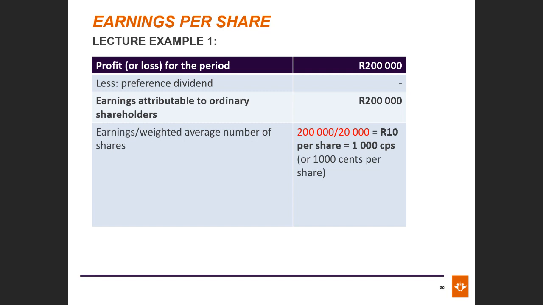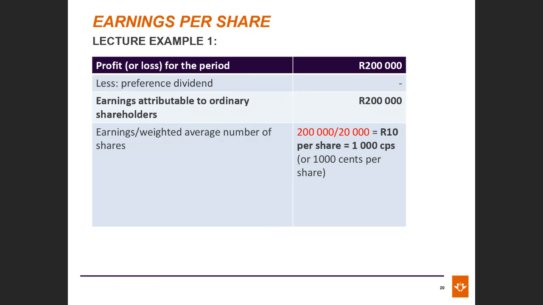This example was easy because there were no preference shares. So we have our profit or loss for the period being 200,000 Rand. There are no preference dividends to deduct because the company had no preference shares. So we are simply going to take our earnings attributable to our ordinary shareholders of 200,000 and divide that by 20,000, being the number of shares in issue.